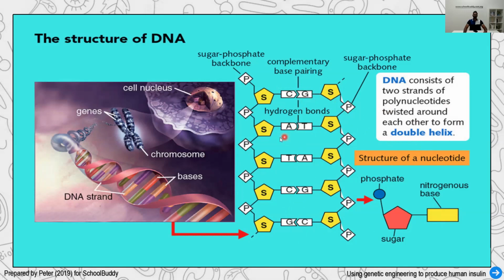Always remember, adenine will always combine with thymine. The rules are set: A combines with T, C combines with G. There's no other combination. Similarly, C combines with G. The rules are set, so please always remember: A combines with T, C combines with G.